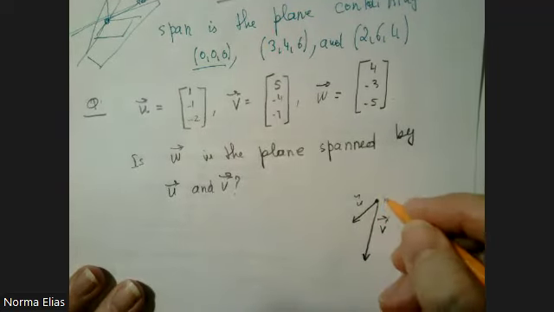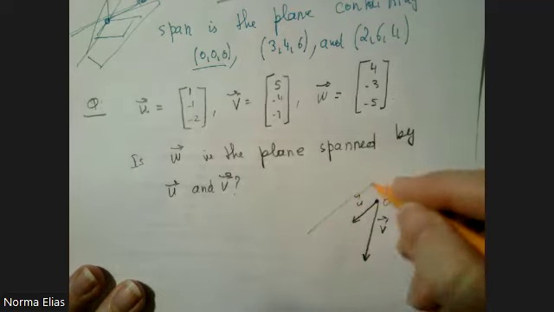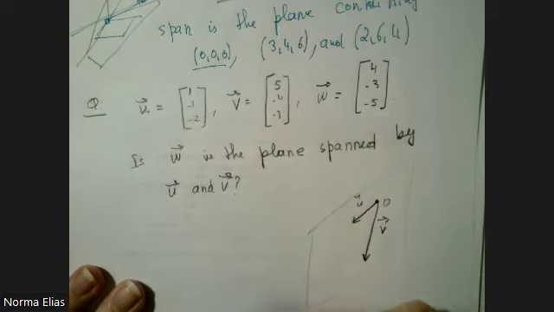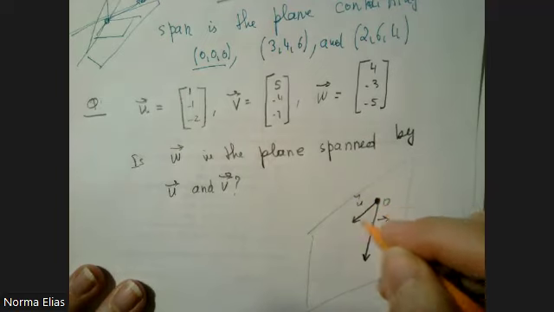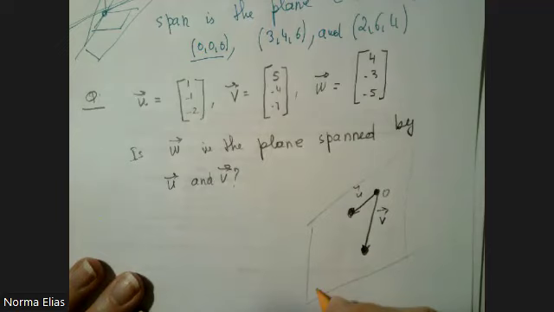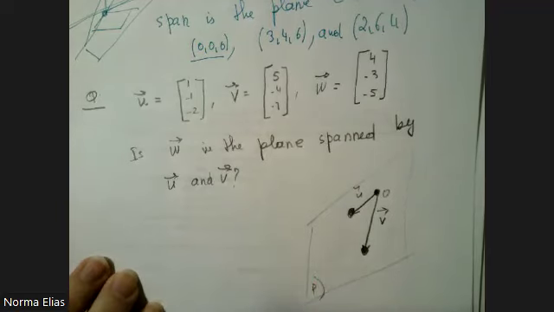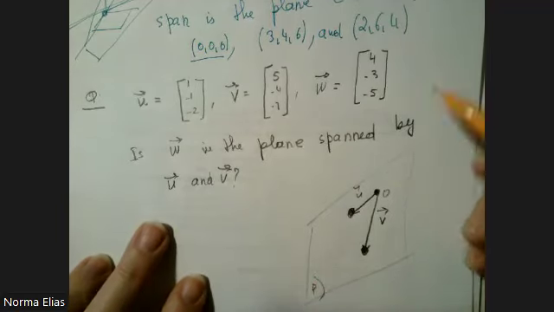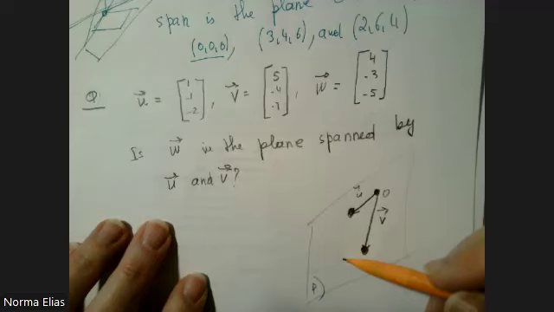So this is the 0. Those two vectors form a plane. It means you take the plane that contains 0, this point, and this point. That's precisely what this means. And now I have this vector W, and the question is: is W in this plane, yes or no?